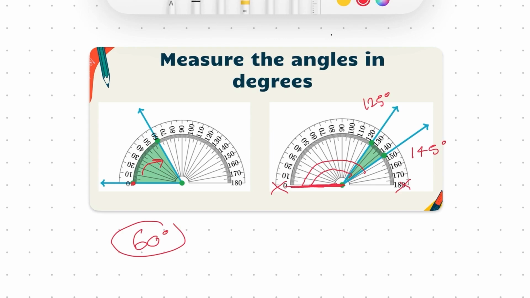But how can we figure out what the green angle measures? Notice that if I subtract 145 and 125, then I can figure out what this angle really measures. And therefore, that is 20 degrees.